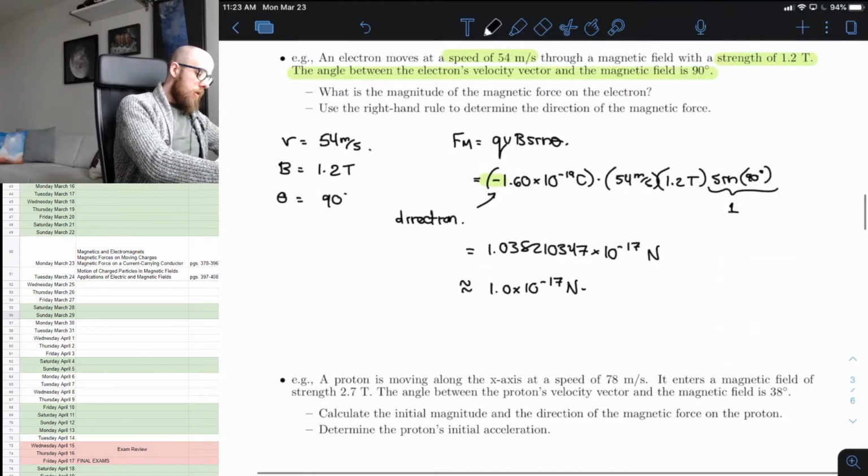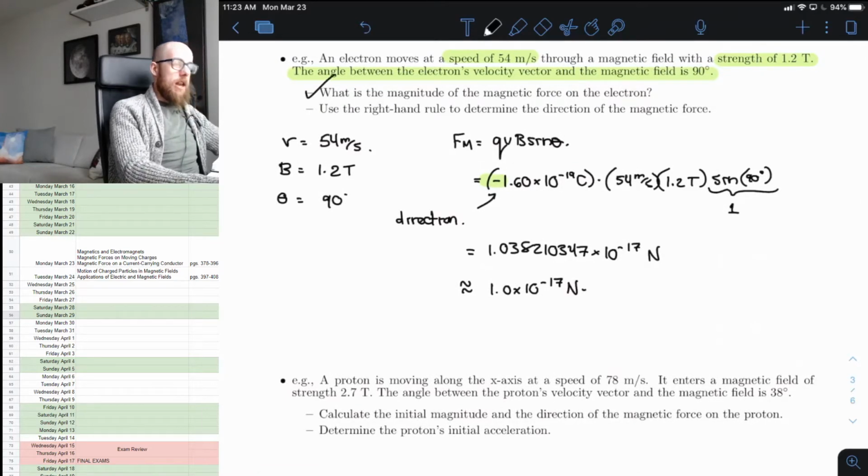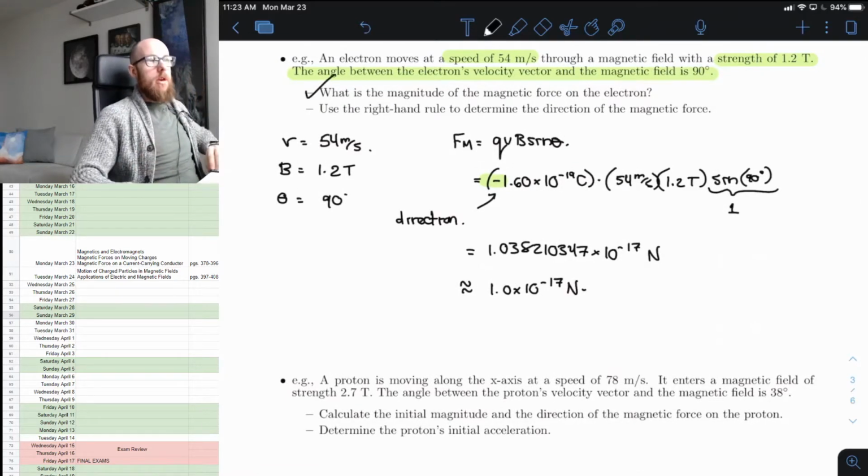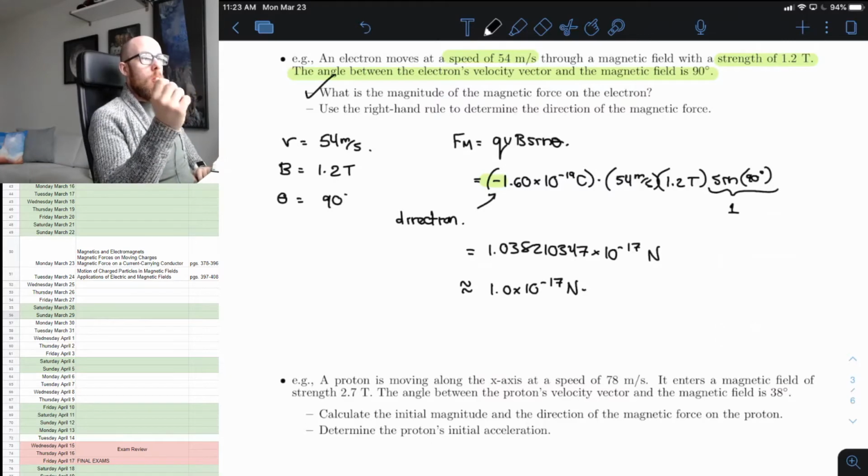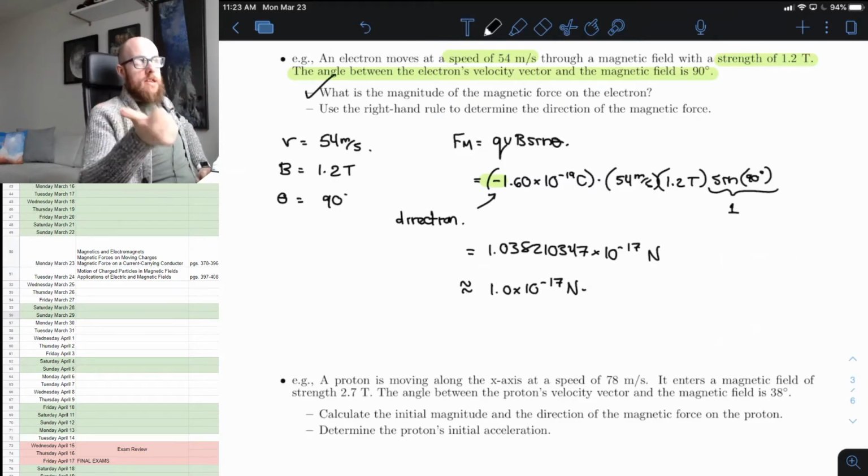So we figured out the magnitude of the magnetic force on the electron, which is good. Now let's consider what direction the particle will feel a force. We have our velocity going in one direction and the magnetic field, and those are perpendicular to each other.